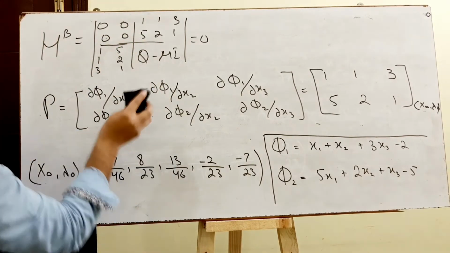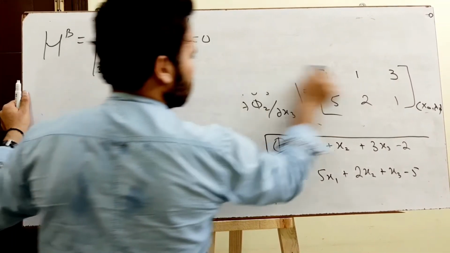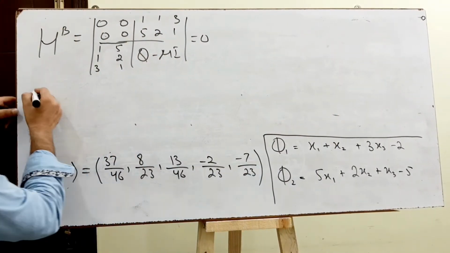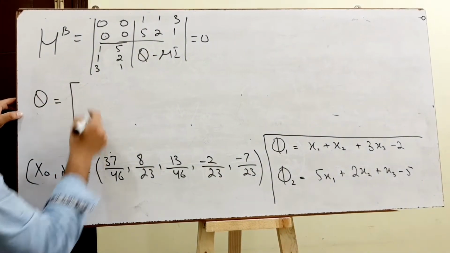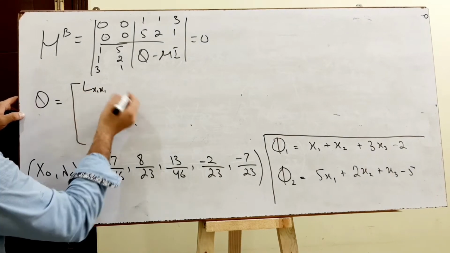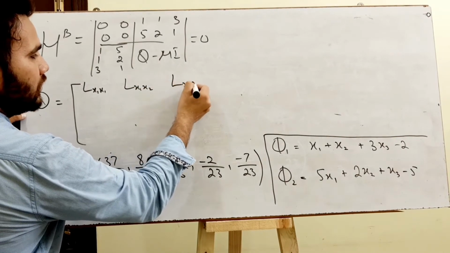Now what is Q? Q is a Hessian matrix again. You can say that Q is a Hessian matrix and defined like this one: L x1 x1, L x1 x2, L x1 x3.